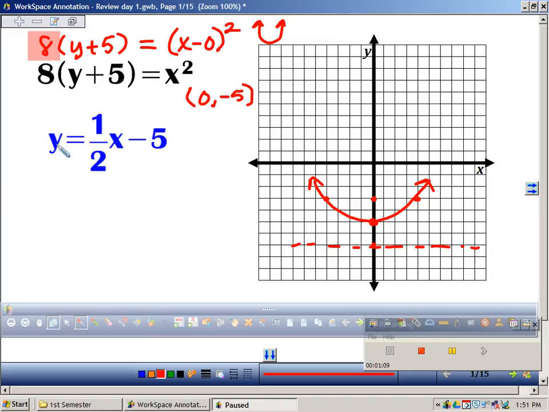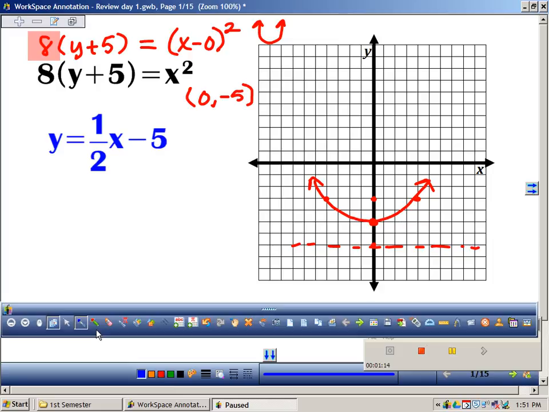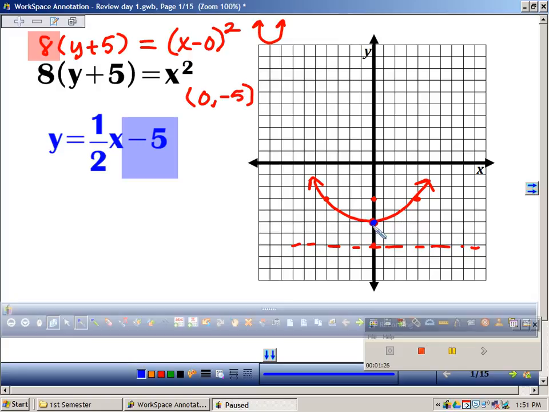This one, neither one of them are squared, so it's a line. And I'm going to start at negative 5. Yep. So I've just found my first intersection point. And then I'm going to go up 1 and over 2, up 1 over 2, up 1 over 2.